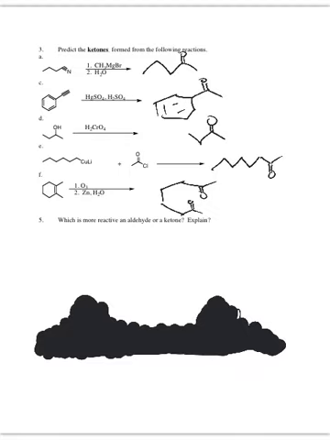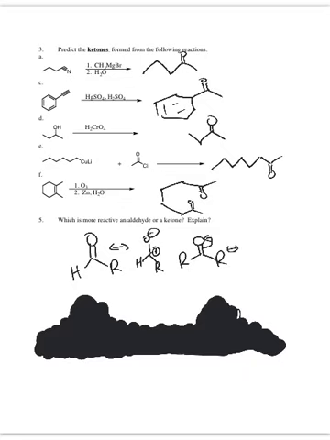So, if you were to explain to me which is more reactive, an aldehyde or a ketone, you want to think about the one thing you can do for each: draw a resonance structure, where we have a negative on the oxygen, a positive on the carbon, in both, and then think about which one is more stable and why.